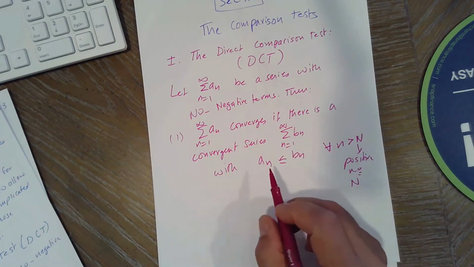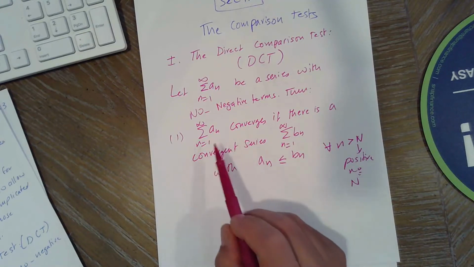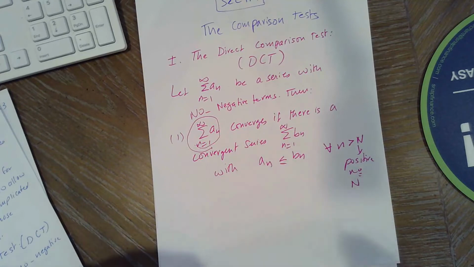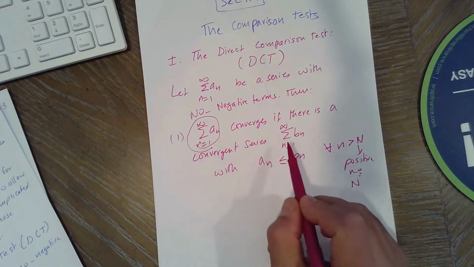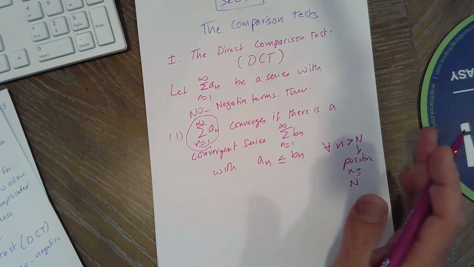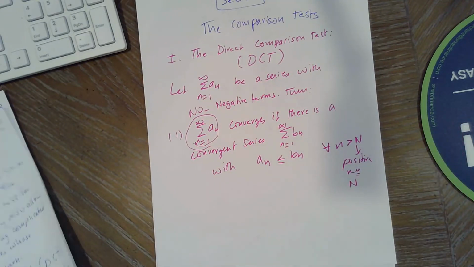So each term of the series whose convergence is sought, after a certain number, has to be less than the term corresponding to the series whose convergence is known, okay?